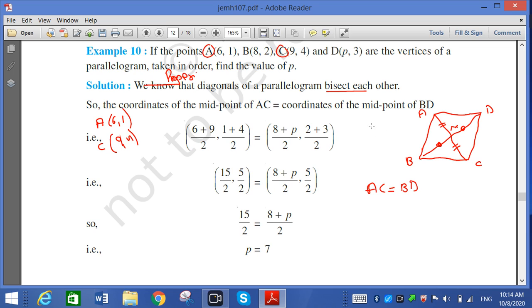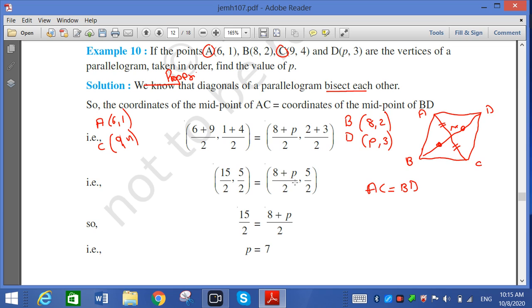Here it is BD, so we write the coordinates of B, that is (8, 2), and D, that is (P, 3). So for BD, (8 plus P) divided by 2, (2 plus 3) divided by 2. Now simplify: 15 by 2, 5 by 2 on one side, and (8 plus P) by 2, 5 by 2 on the other.